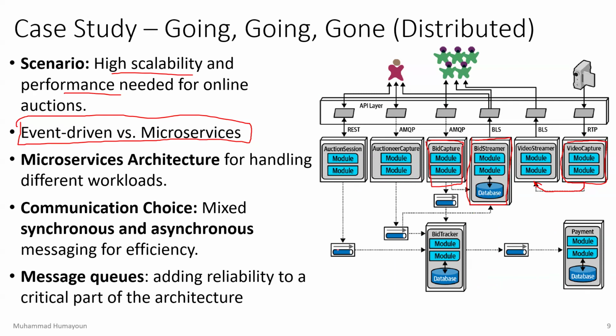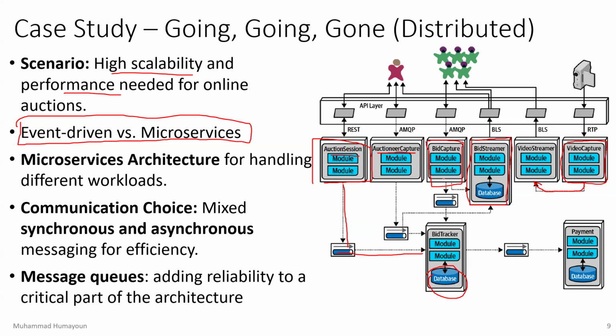The idea is that this auction microservice depends on this database through this queue that you have. So the bid tracker has the data coming from auction session and auction capture. Anything about the auction through capture and session is stored on this database.